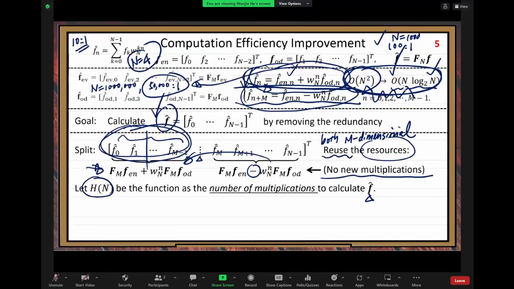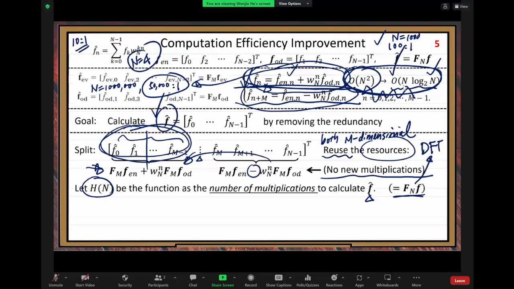We know by our matrix formula, the matrix representation, this is the discrete Fourier transform representation. This is the DFT formula.